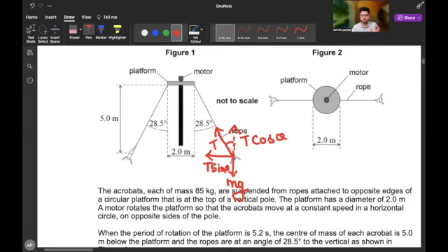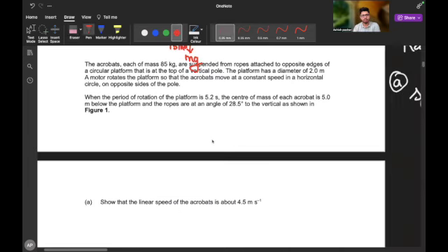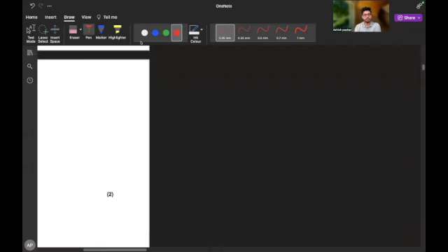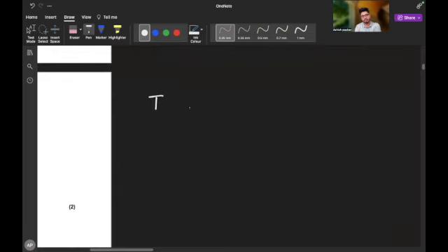Because the person is not going up or down, it is moving in a horizontal circular arc, the vertically downward mg force has to equal the vertically upward force. So the one equation I can make is T cos theta, the upward tension component, equals mg. This is one of the expressions that I get.